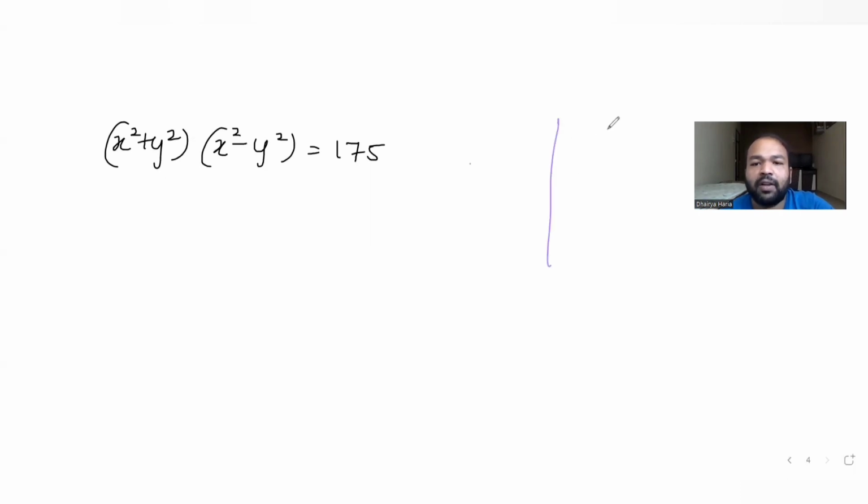If I prime factorize 175, dividing by 5 first, 5 threes are 15, you are left with 2 and 5, so 5 fives are 25, and 5 sevens are 35. So you have the split of 175 as 5 into 5 into 7.